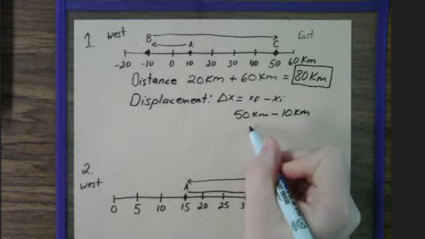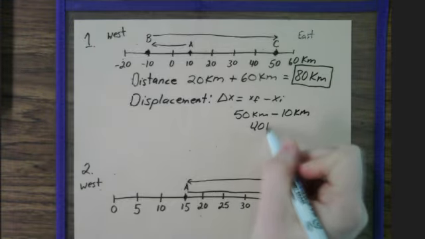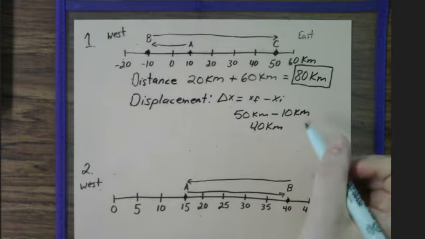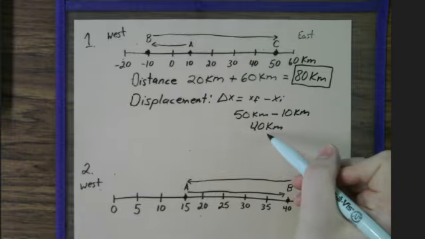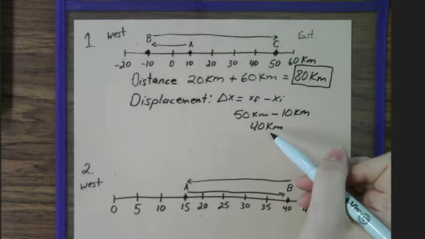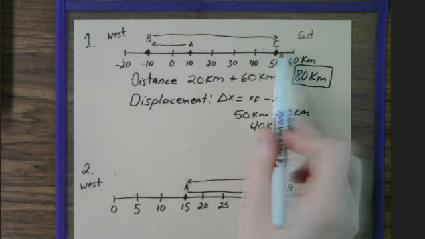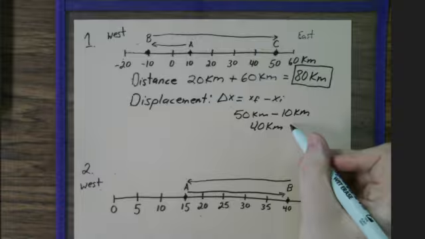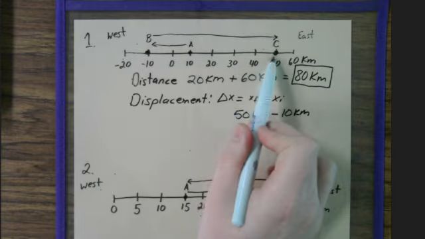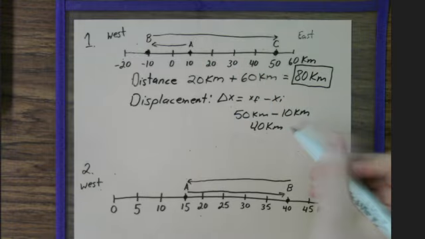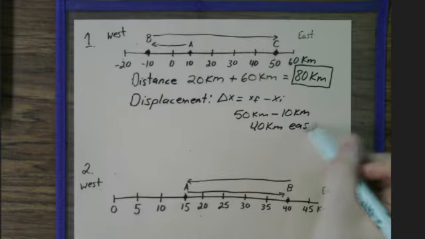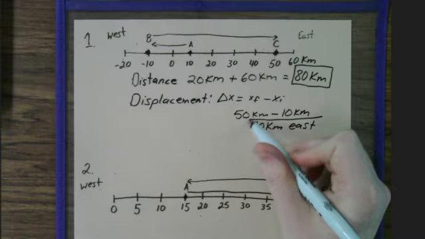When we do the math, we are left with 40 kilometers. But this isn't over. This is not just distance. We also have to have a direction for displacement. And so, since we ended up going this way, 40 kilometers east. We started here and went over here. 40 kilometers east is our answer.